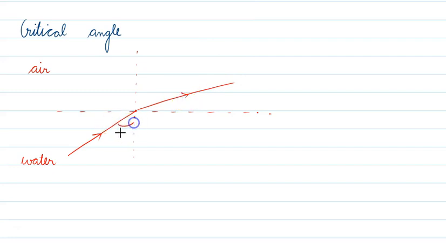This is the angle of incidence. Now if we increase this angle of incidence, let me show that with a blue line. We increase this. This will also bend more away from the normal like this. And one point will come when this refracted ray will make an angle of 90 degree with the normal.